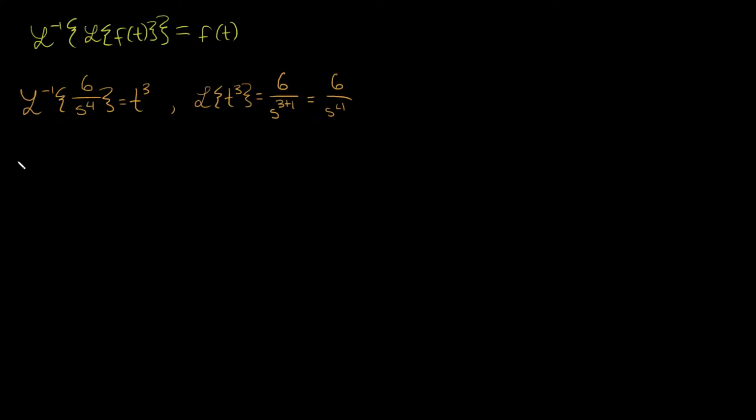Good job. Let's see if we can find a different one, maybe the inverse Laplace transform of s over s squared plus 81. We have this s squared plus a square number, a perfect square even. This almost reminds you of cosine, maybe. So what this could be is the cosine of, and then what would it need? Well, if we remember, the Laplace transform of the cosine of a times t is s over s squared plus a squared.